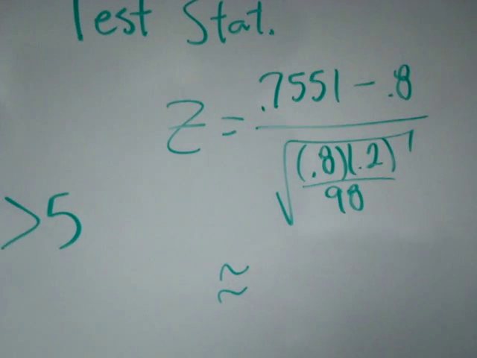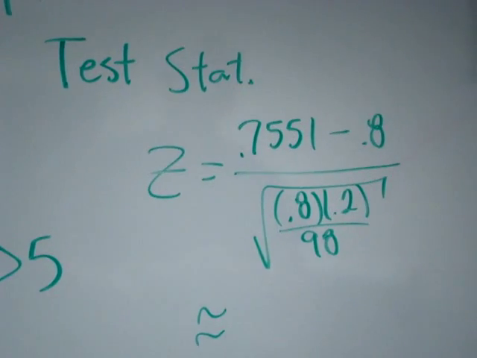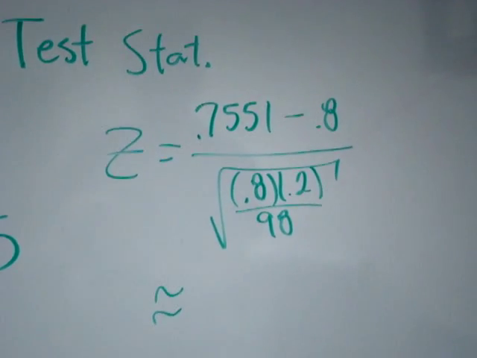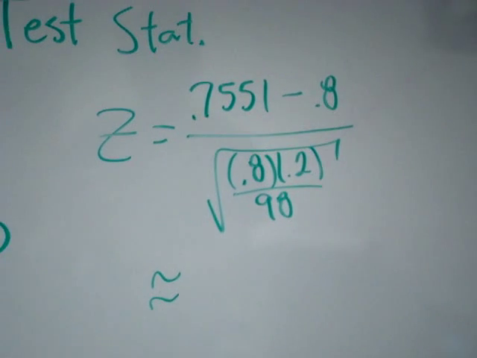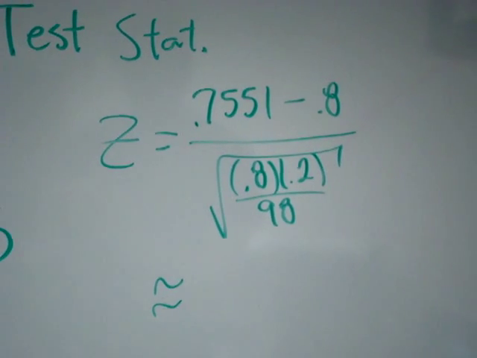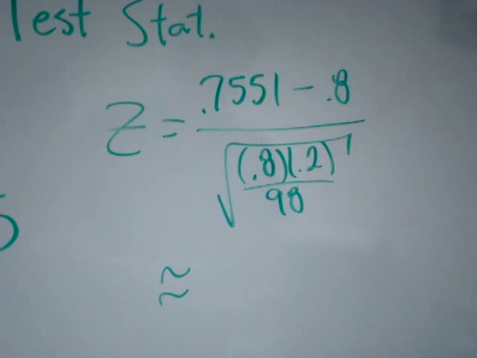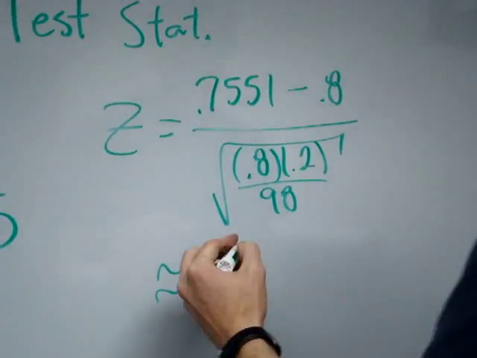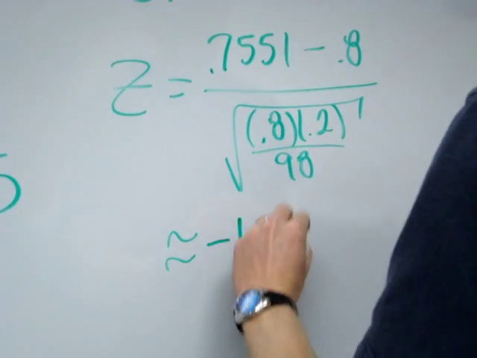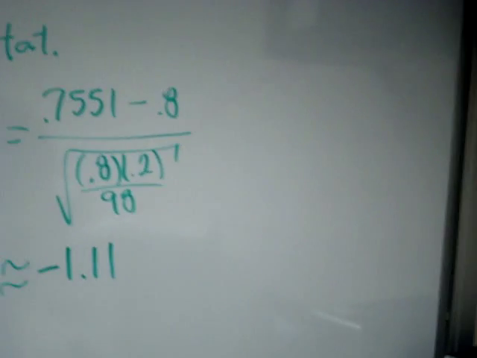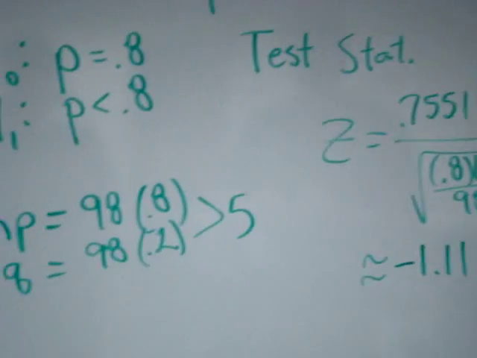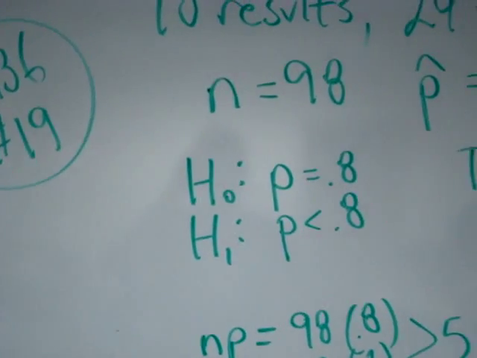And so if I did this correctly, we should get our z statistic as negative 1.1112. Just round it to 2 places. Negative 1.11.